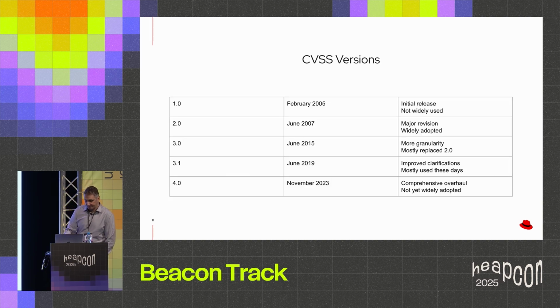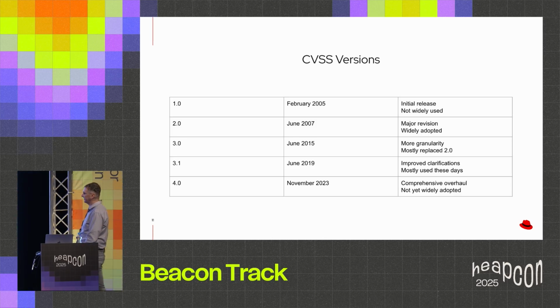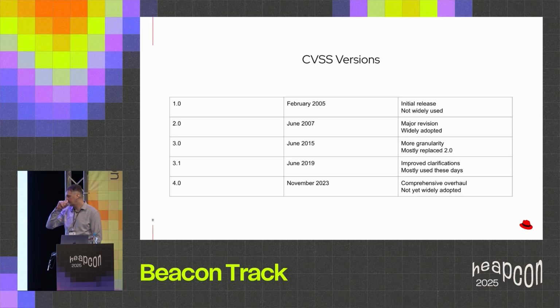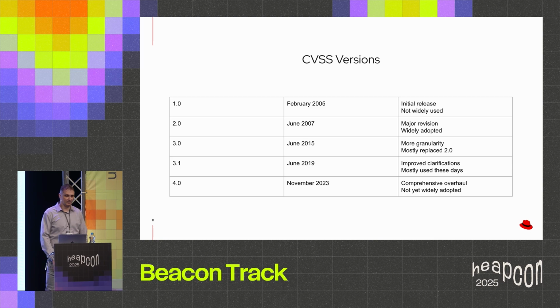So first of all, the standard evolved over time. It was introduced sometime in the early 2000s, but only since version 2 has it been widely adopted. Today mostly version 3 and 3.1 are used, and in recent years you can see version 4 more and more being added to the vulnerabilities.